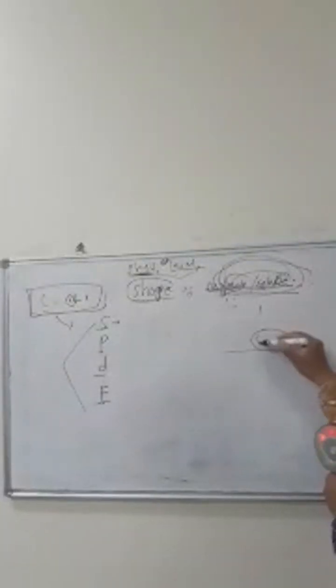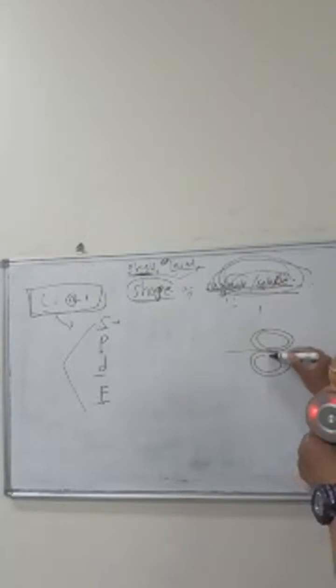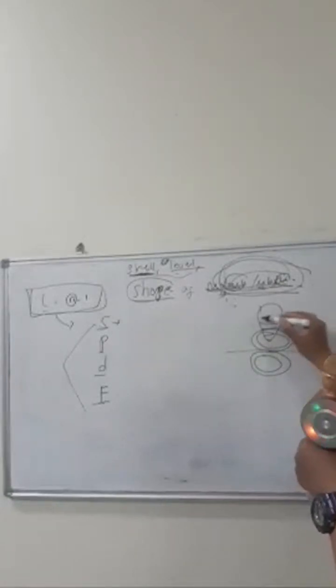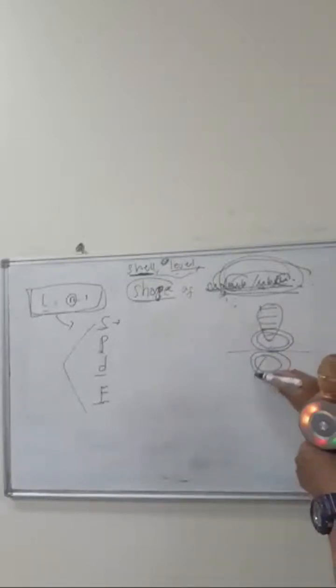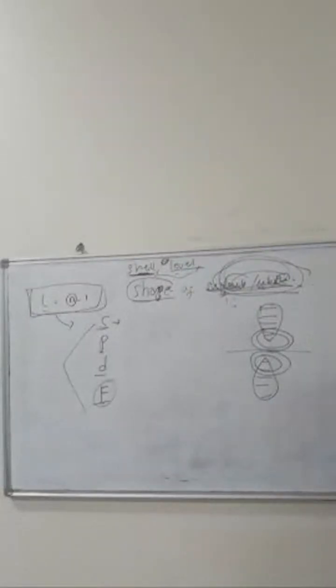Sometimes you cannot explain this very comprehensively because we can see this in the microscope only. This is only a rough overview of what it looks like. This is the F sublevel. Our azimuthal or angular momentum quantum number is based on the shape of the sublevel.